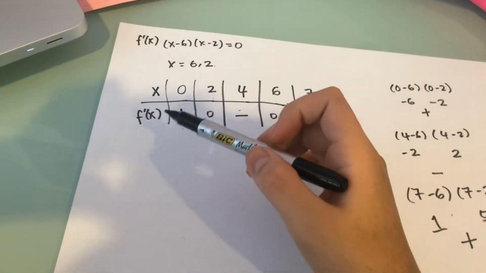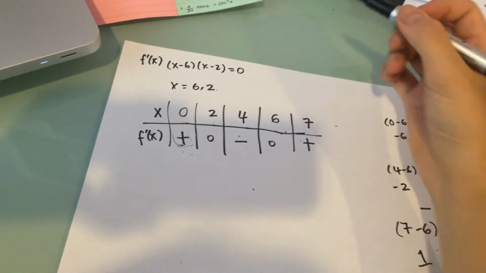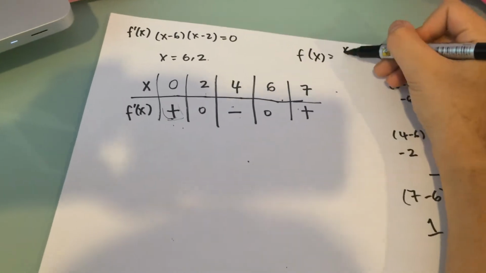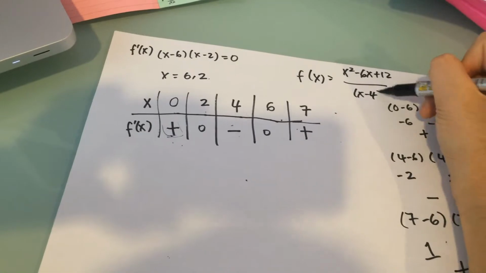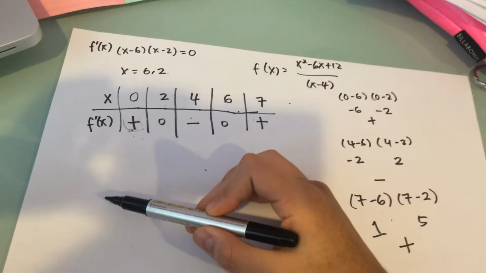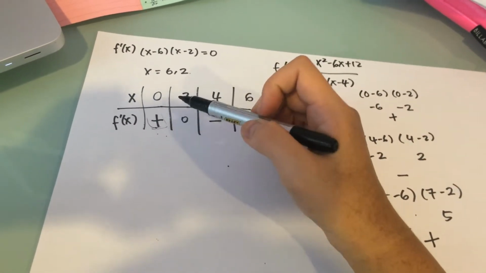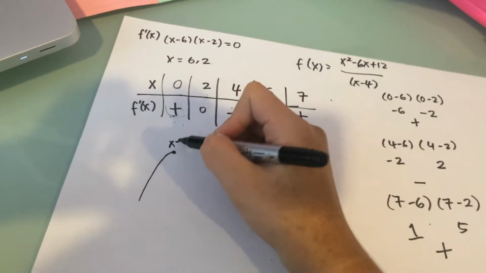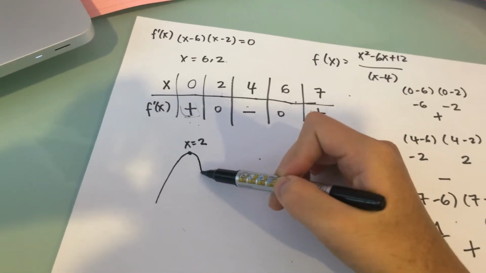In this example, I'm gonna write the original function again: x squared minus 6x plus 12 over x minus 4. So this function will increase on the interval x less than 2. So it will increase until x equals 2, and then here it will decrease.